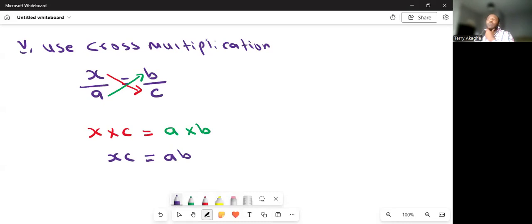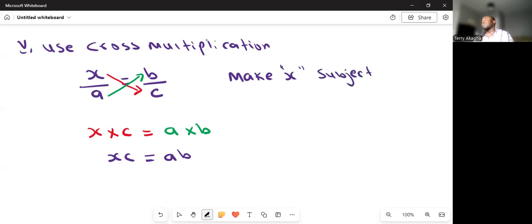If, for instance, you wanted to make x the subject of the formula, then I can divide both sides by c, or multiply by 1/c, and this will cancel that.